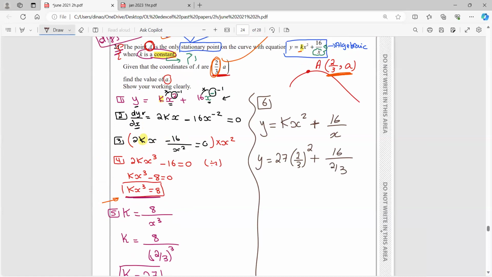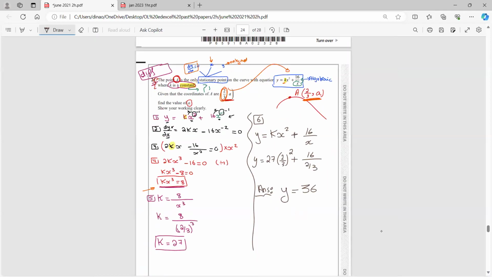And then I will just do the math. 27 multiplied by 2 over 3 power 2 plus 16 divided by 2 over 3. And then I will get the value of y. This is my final answer: y is equal to 36.